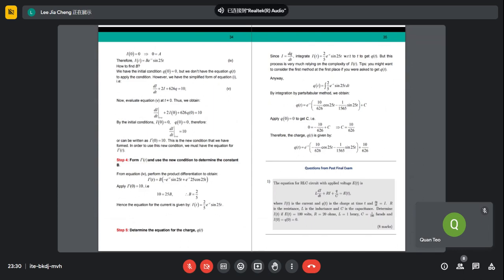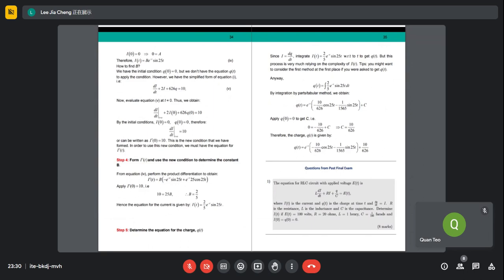We use the condition q equals 0 when t equals 0, same as i equals 0 when t equals 0. Even though we don't have the q(t) equation, we use equation 1, which is di/dt plus 2i plus 626q equals 10.